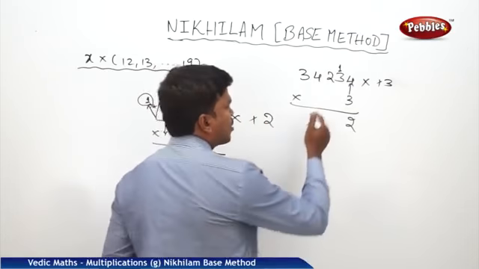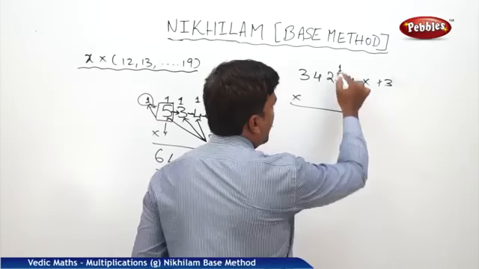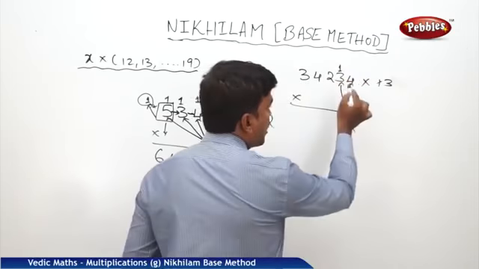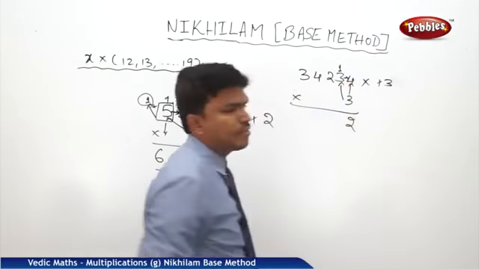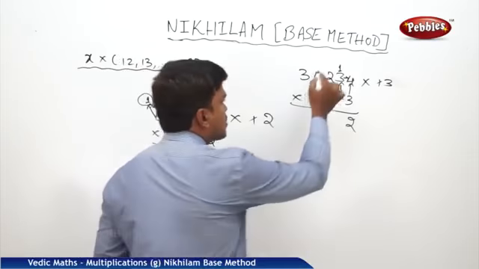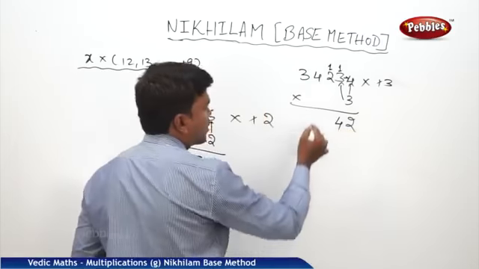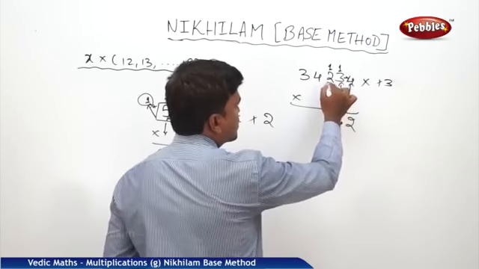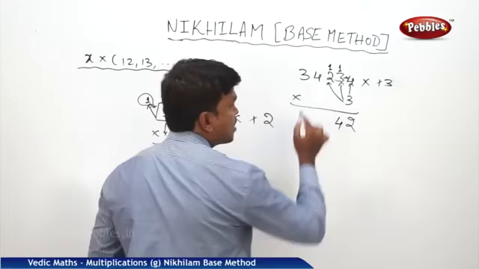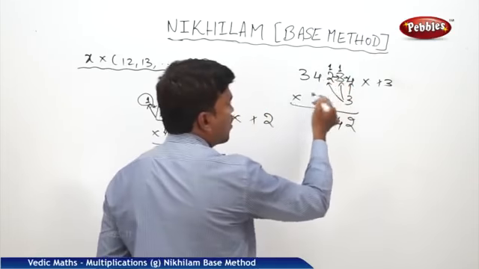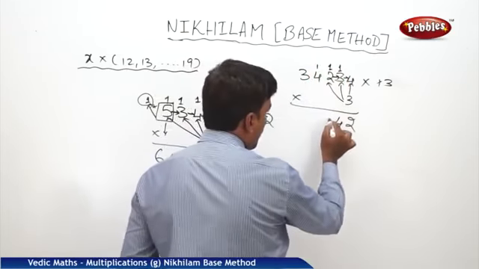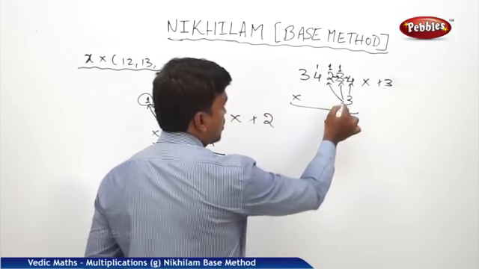Now continue to the next. 3 3s are 9. 9 plus 1 carry is 10. 10 plus right side digit 4 is 14. So carry 1, drop 4. Now 3 2s are 6. 6 plus 1 is 7. 7 plus right side digit 3 is 10. So 1 carry, 0 drop.